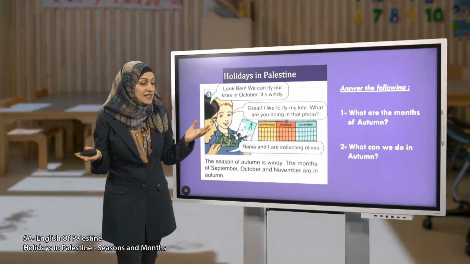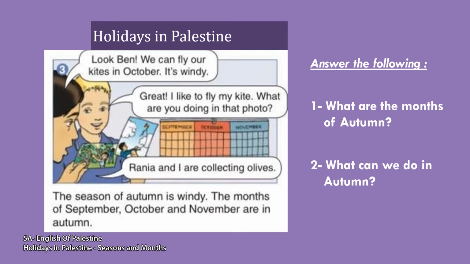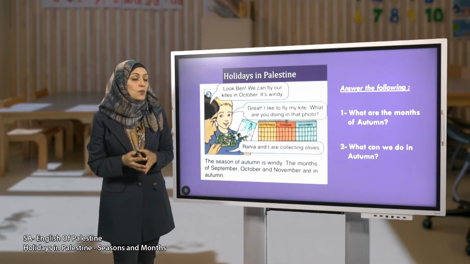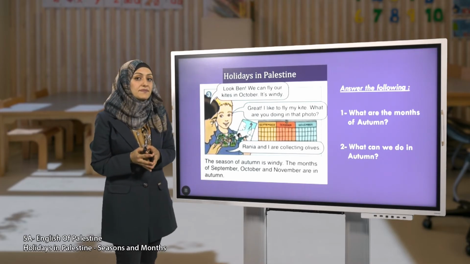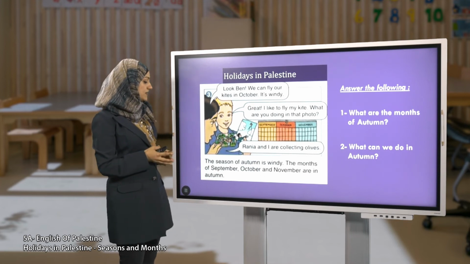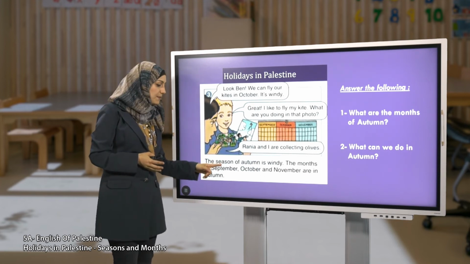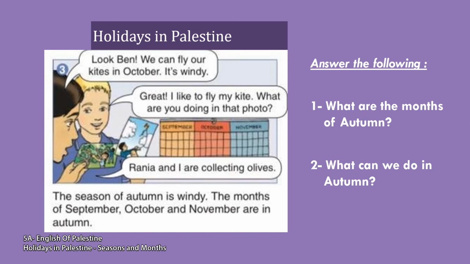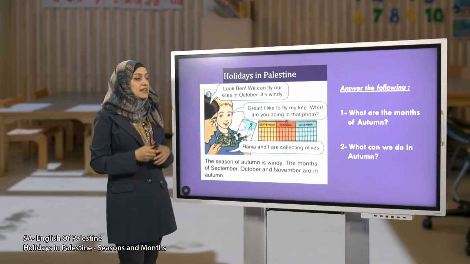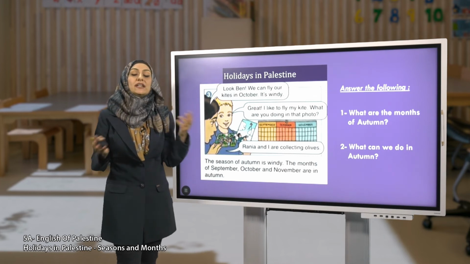Can you tell me what the months of autumn are? What are the months of autumn? The months of autumn are September, October, and November. Excellent. What can we do in autumn?